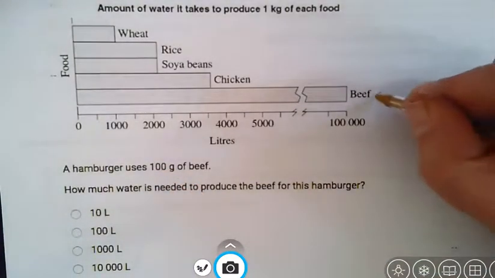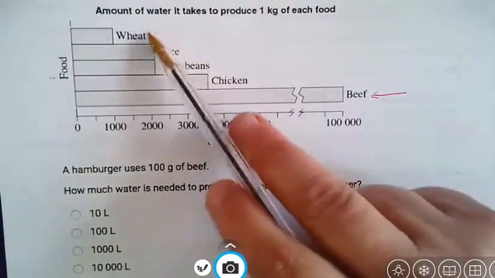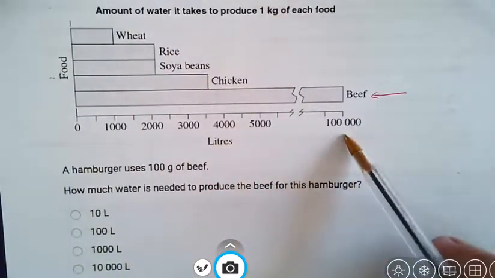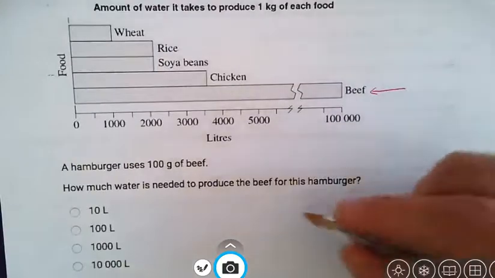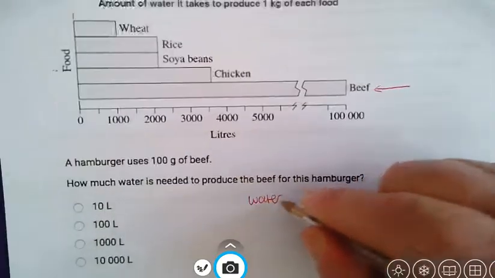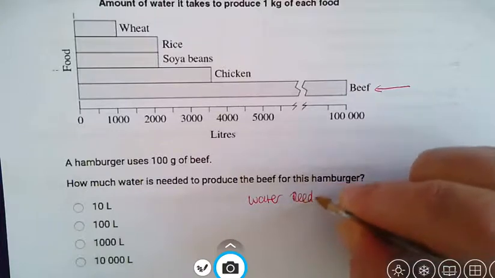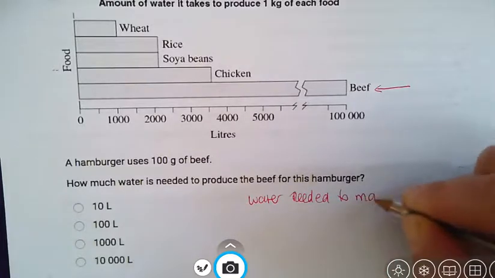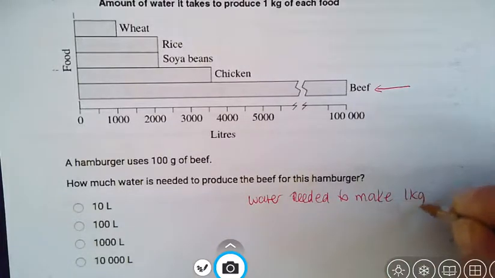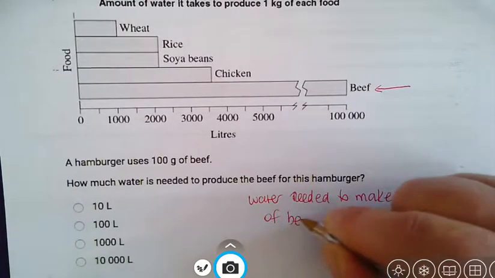This is how much water it takes to produce 1 kilo of beef. So the water needed to produce 1 kilo of beef is what? Read it off the graph.